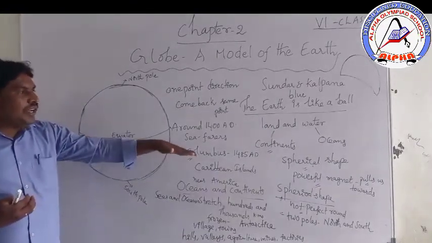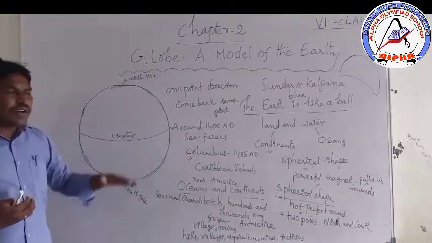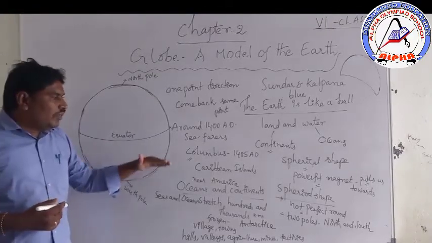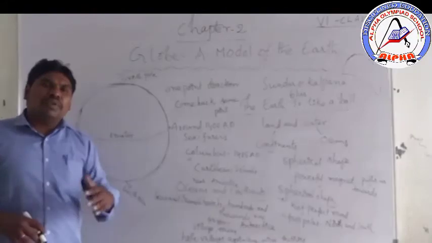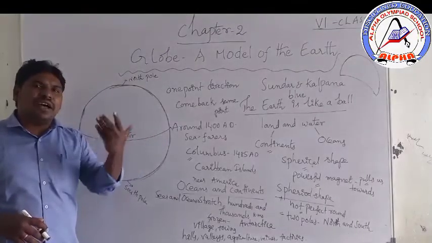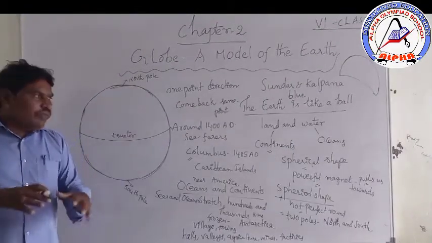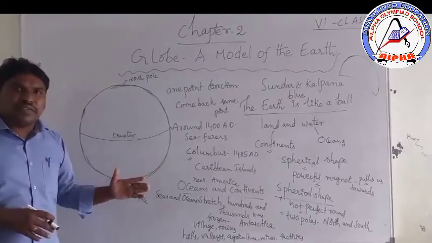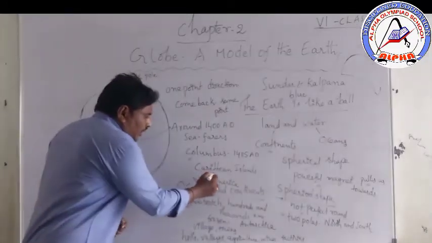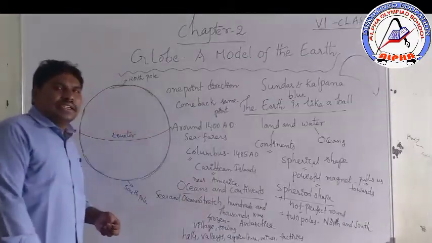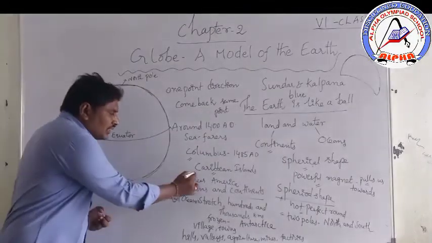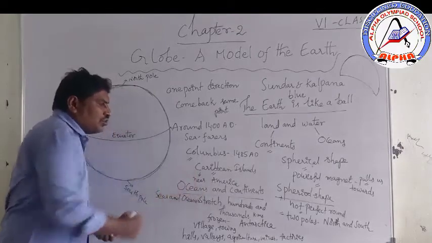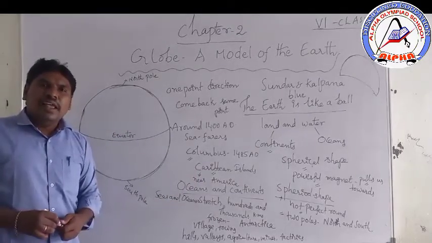In 1485 AD, Christopher Columbus traveled westwards, in the west direction. Before, you know east, west, north and south. When he traveled in the west direction, he stopped at the Caribbean Islands, which are near America.